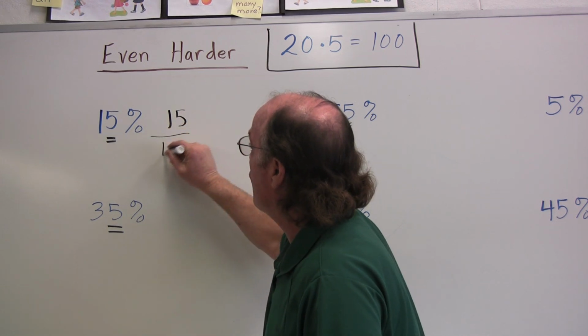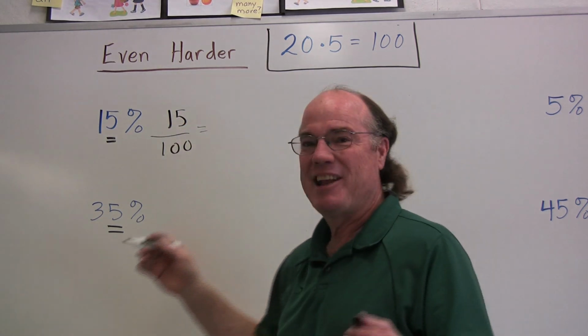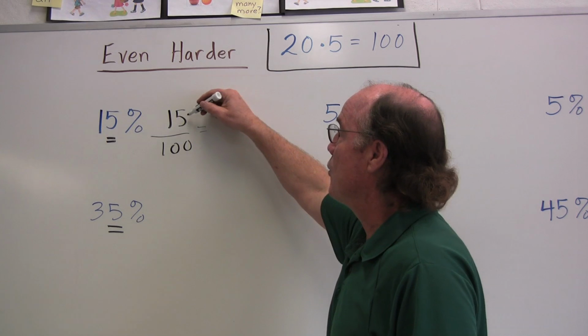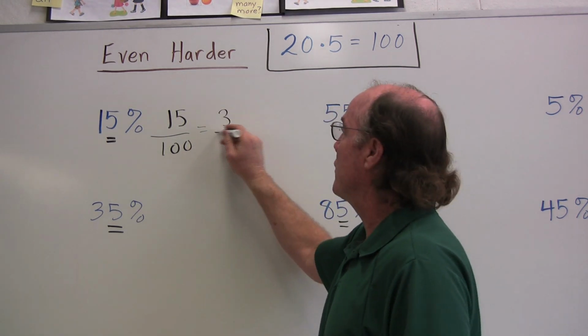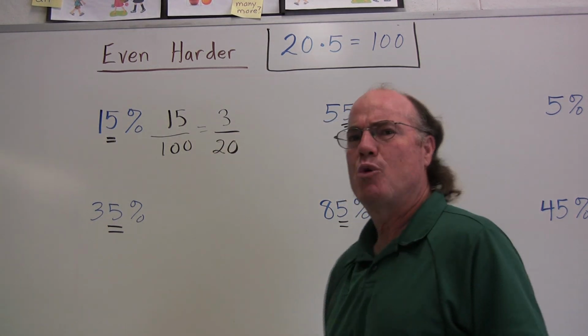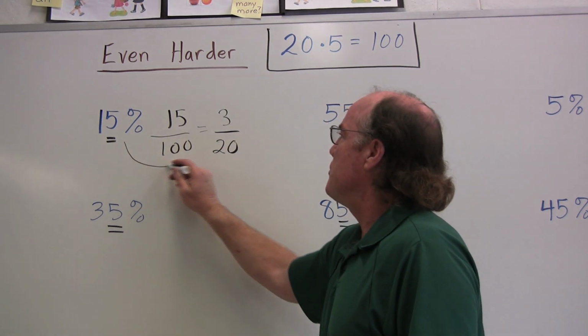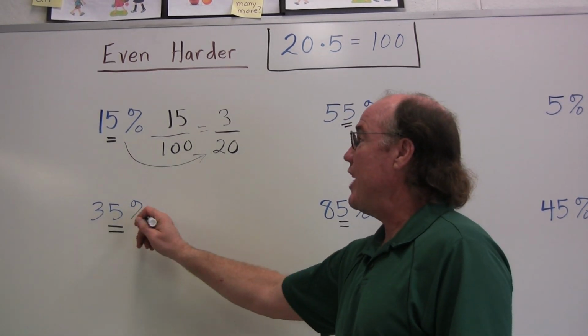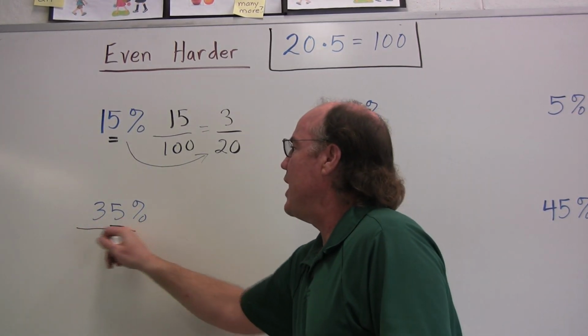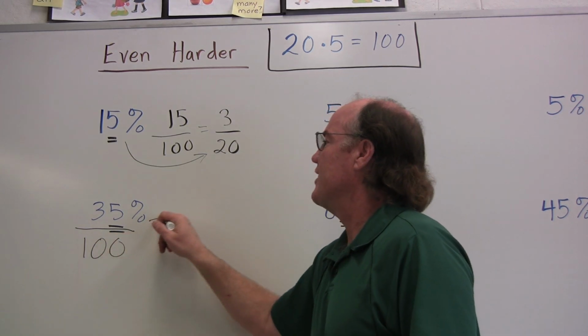15 over 100. Okay, now we say, how many times can 5 go into 15? 3. How many times can 5 go into 100? Hey, we know that by heart now, 20. So 15% reduces to 3/20. All right? Now 35%. 35 over 100.